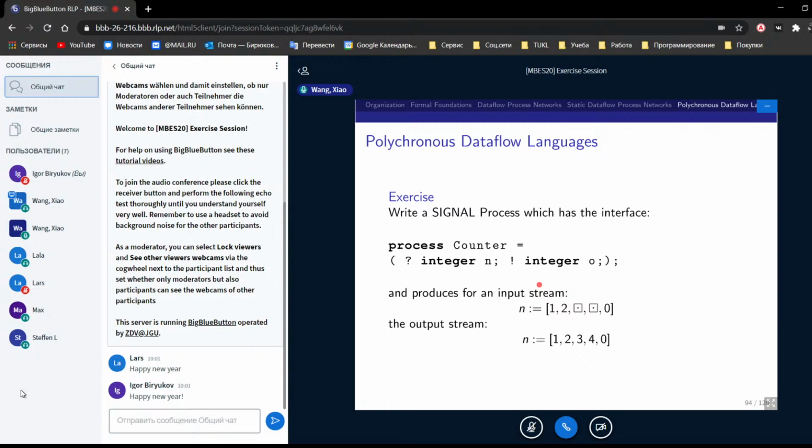This exercise is somehow an extension of that. Here, we need to compute an output stream for the input stream. I looked at it because Lars asked me before the Christmas holiday, and I didn't take care of it.